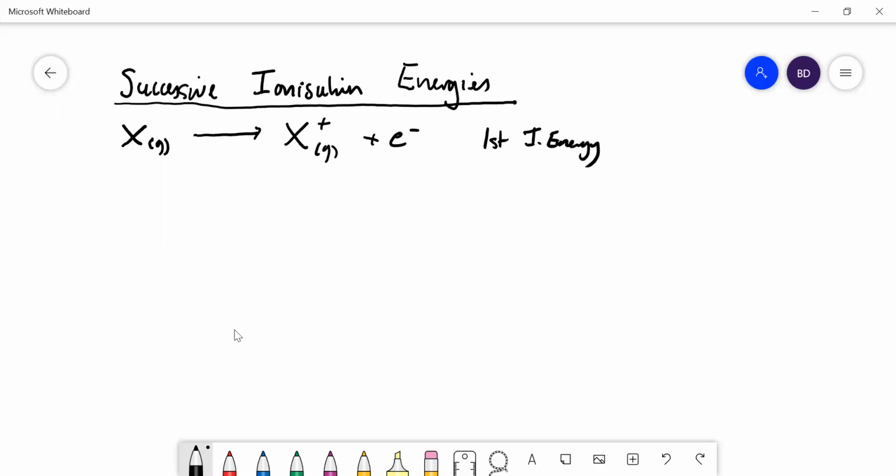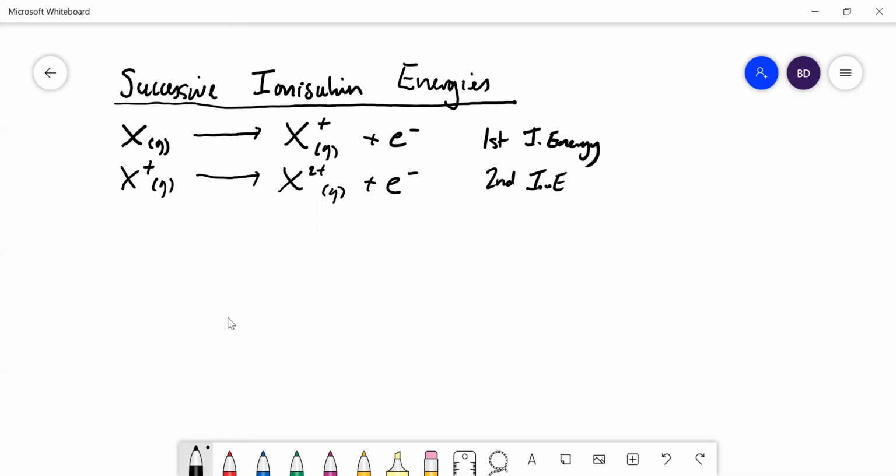Now, the second ionization energy would be the energy required to remove an electron from that species, from the single positive ion. So the second one would be X+ goes to X2+ plus another electron. That's the second ionization energy.